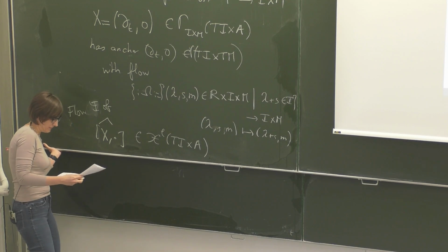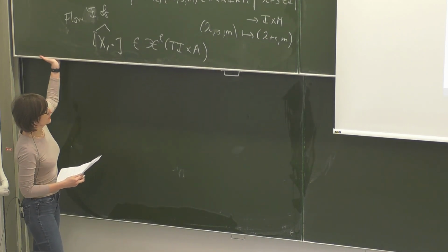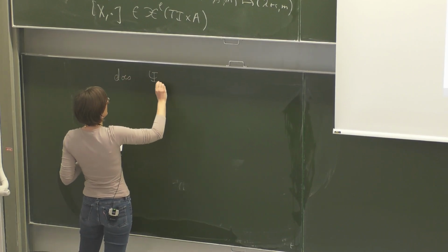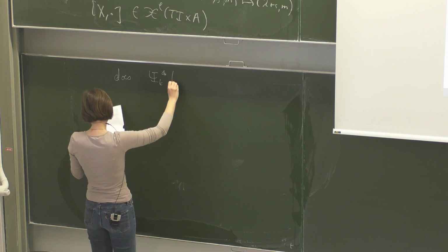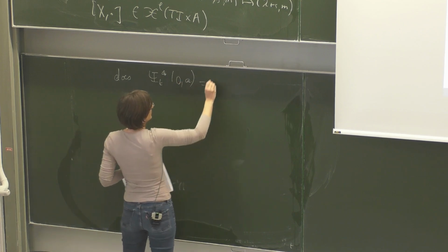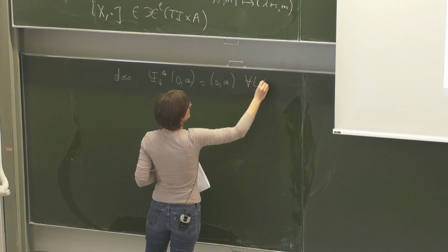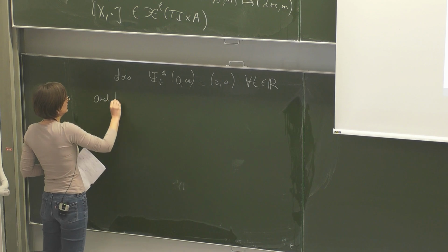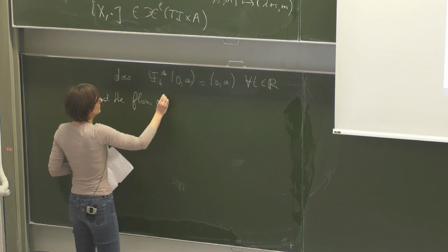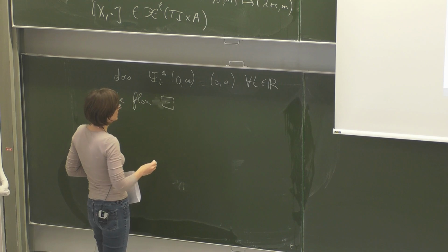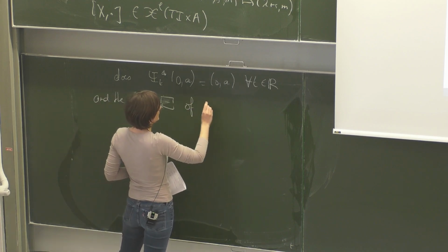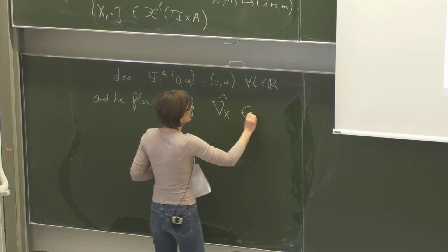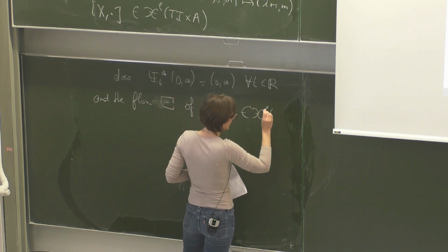So the flow of this vector field is now going to just preserve the sections of A. So psi t star of pair 0A is 0A for all t in R. And the flow, again, of nabla X hat, which is a linear vector field on F, right?